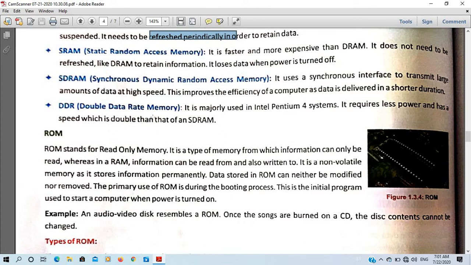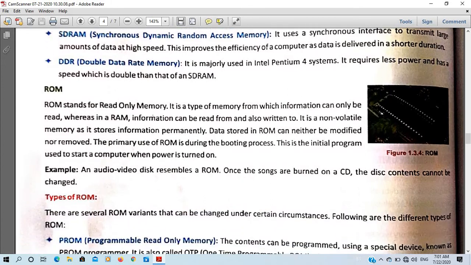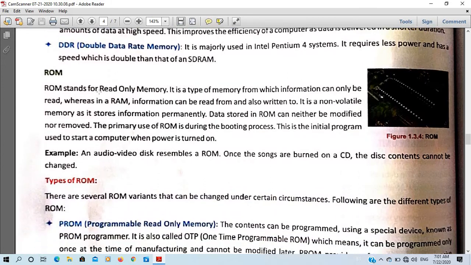Now, what is ROM? ROM stands for read only memory. It is the type of memory from which information can only be read, whereas in RAM information can be read from and written to. ROM is called non-volatile memory. Why is it called non-volatile memory?